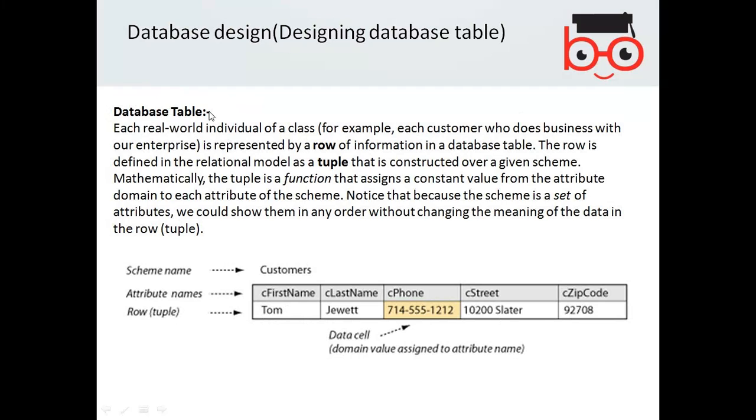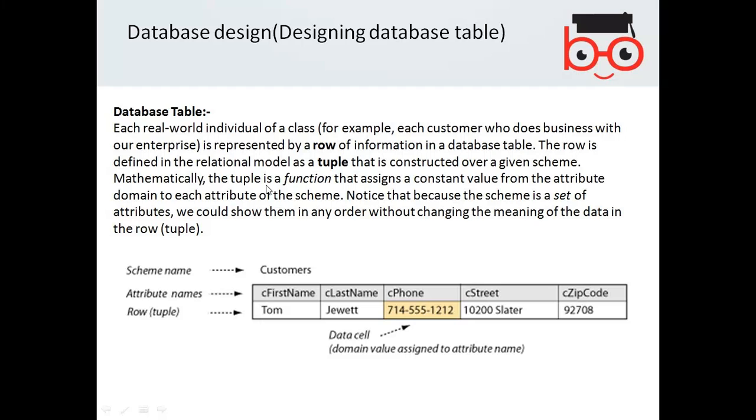A database table, a simple view: each real-world individual of a class, for example, each customer who does business with our enterprise, is represented by a row of information in a database. A row is defined in the relational model as a tuple. So a row in a database is called a tuple, for example the cell phone number, the street, and the zip code, is a tuple that is constructed over a given scheme.